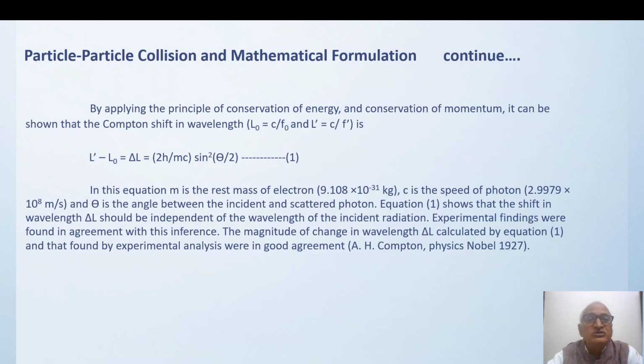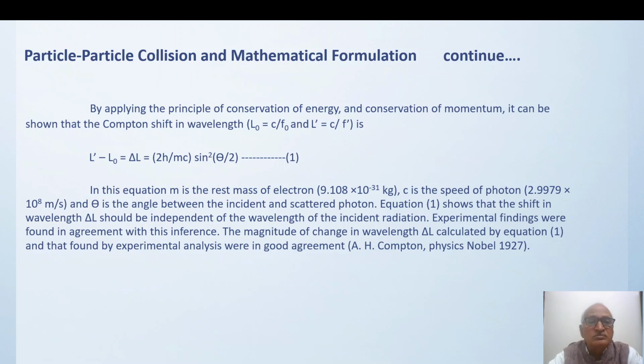A few more points. By applying the principle of conservation of energy and conservation of momentum, it can be shown that the Compton shift in wavelength delta L is equal to 2h over mc multiplied by sin square theta by 2.